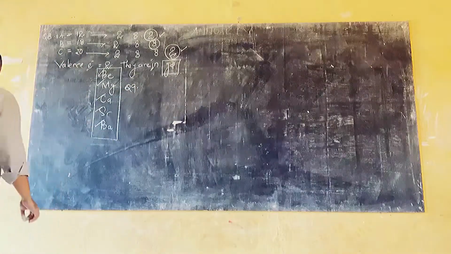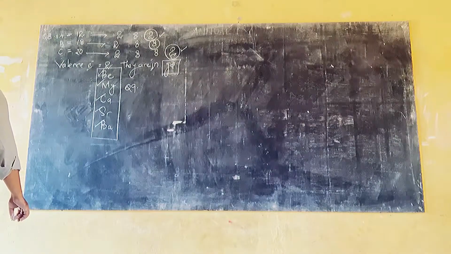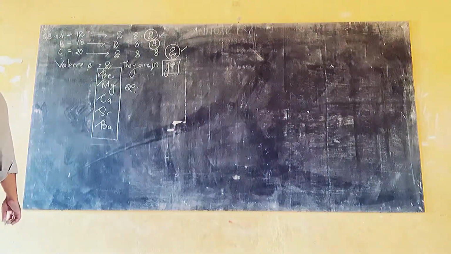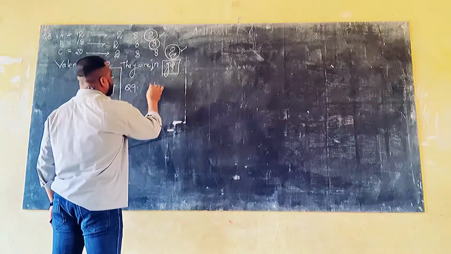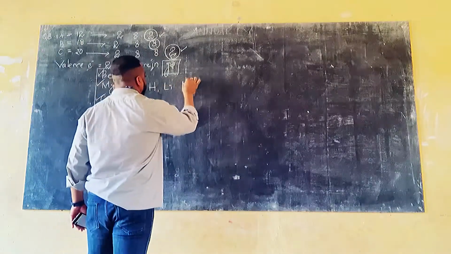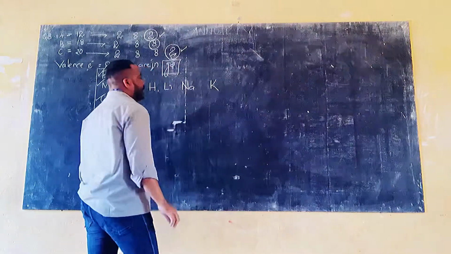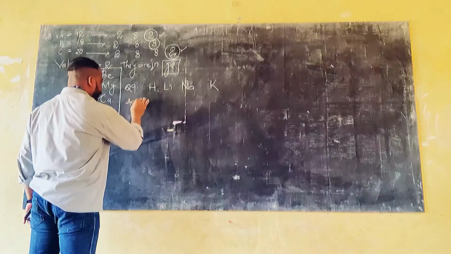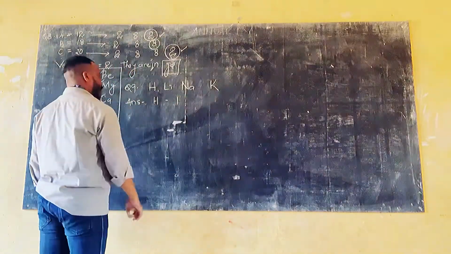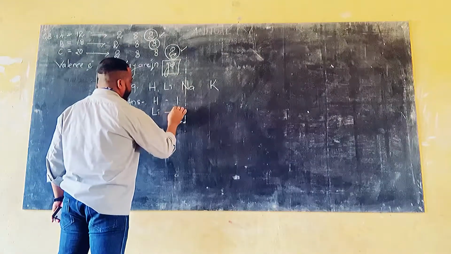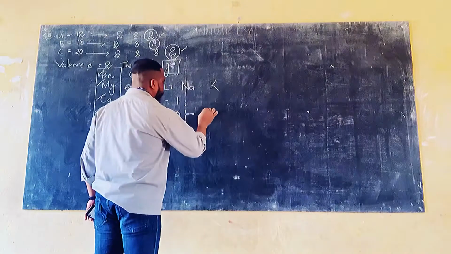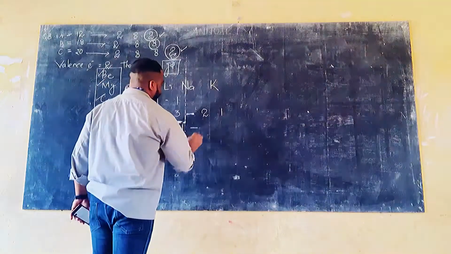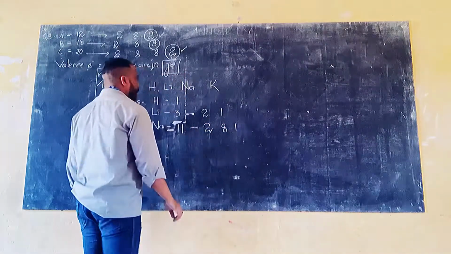Question number 9. Why are hydrogen, lithium, sodium and potassium placed in group 1? See, hydrogen atomic number is 1, lithium atomic number 3 and electronic configuration is 2, 1. Sodium atomic number is 11 and configuration is 2, 8, 1.